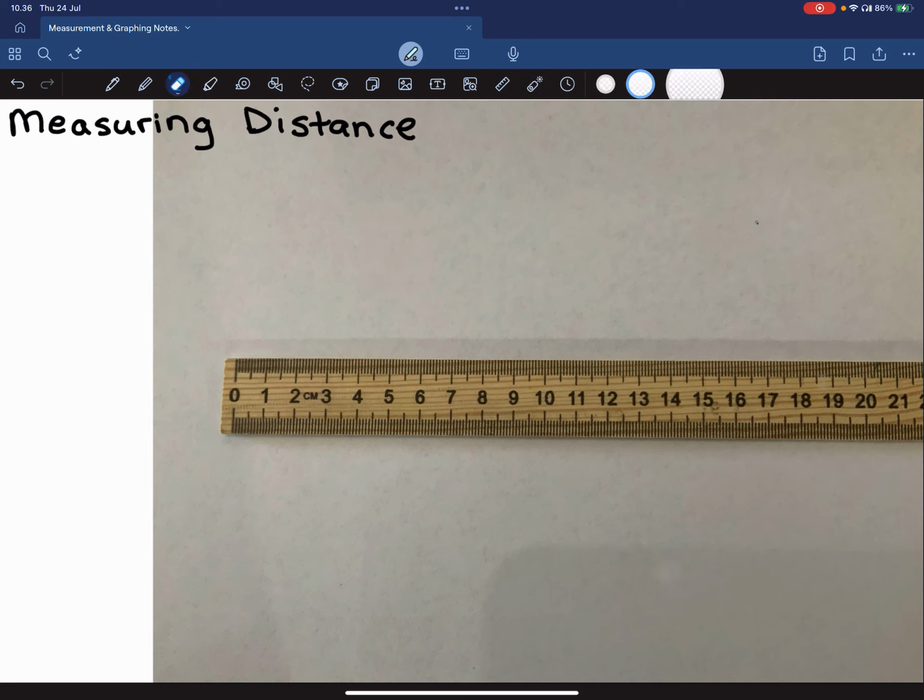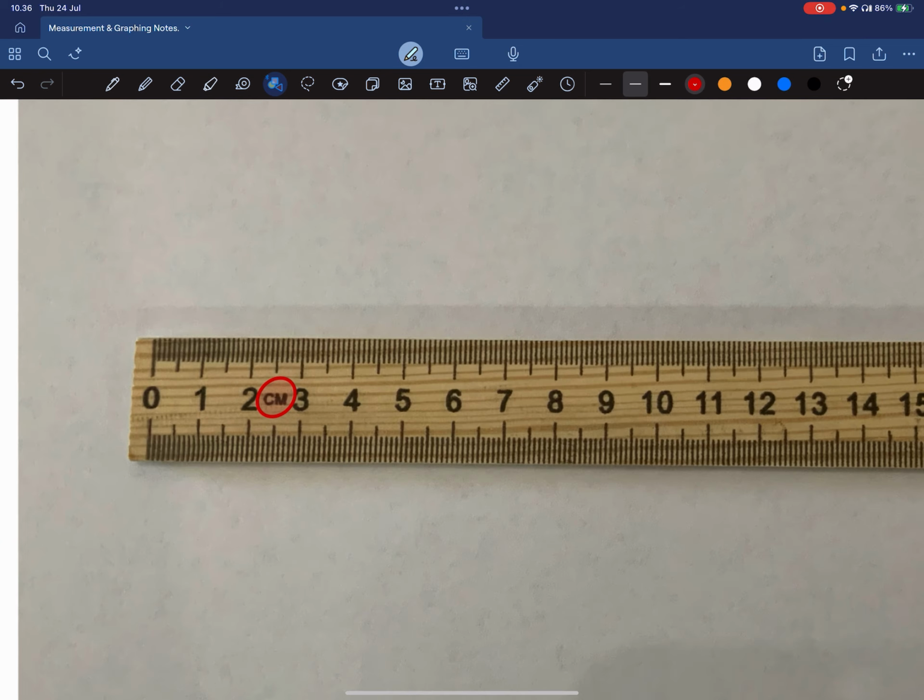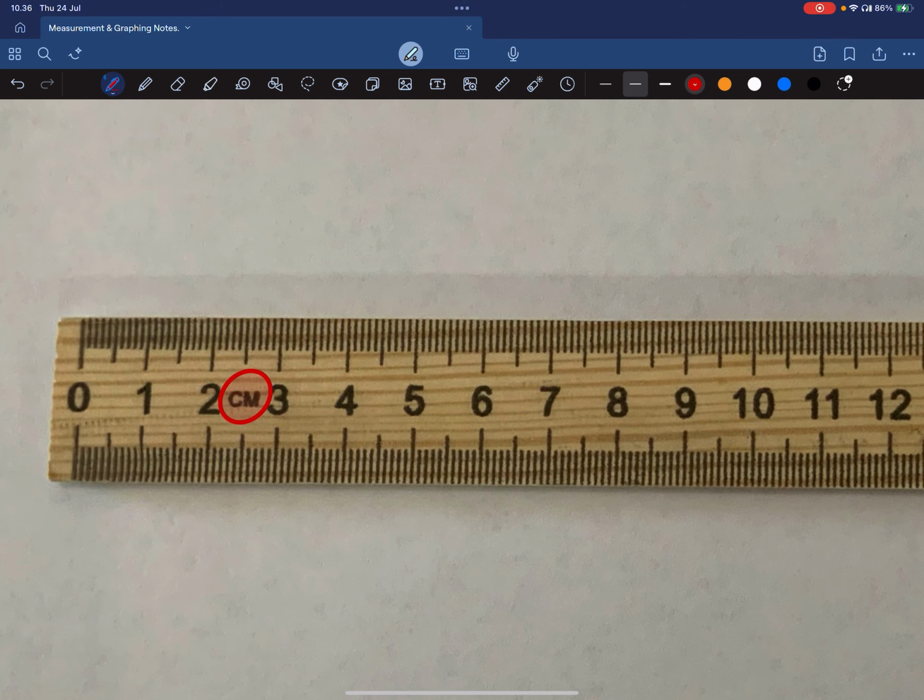First thing that you need to know is what are the units of the measuring device. All right. So you look on your measuring device. In this case, the measuring device is a meter stick. And when you find the units, you will see right there it says centimeters.